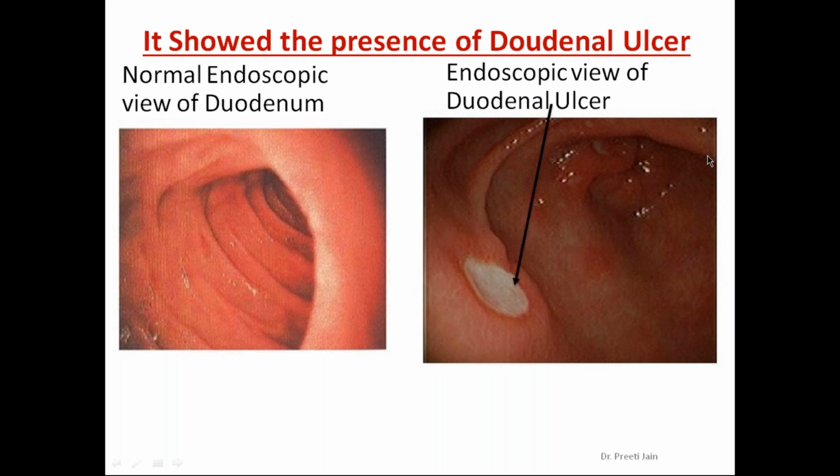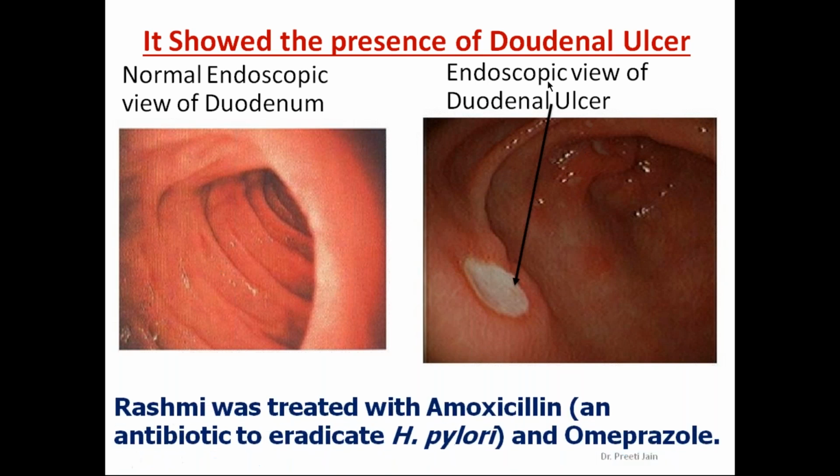So you have come to the diagnosis that the patient Rashmi has a duodenal ulcer, because the serologic test was positive, and your urea breath test also showed the presence of Helicobacter pylori infection. So she was treated with amoxicillin, and she was treated with a drug by the name of omeprazole, right?